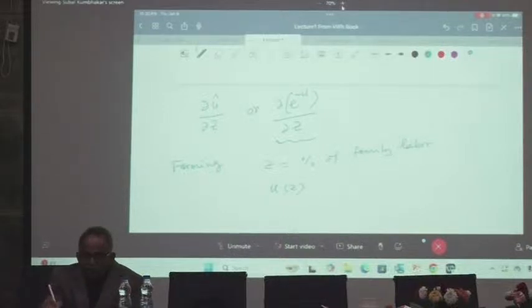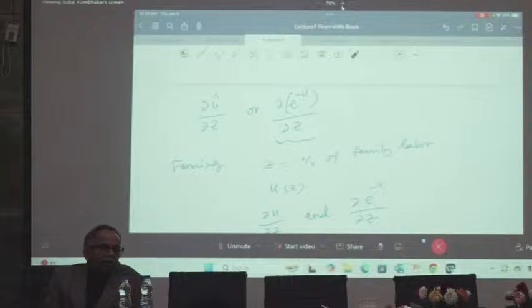So if you feel the interpretation is easier in terms of this one, you can just report those numbers. The computer will give you the marginal effect.